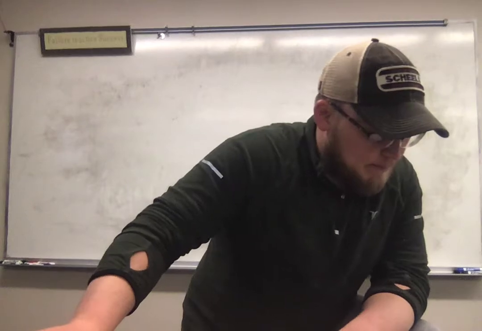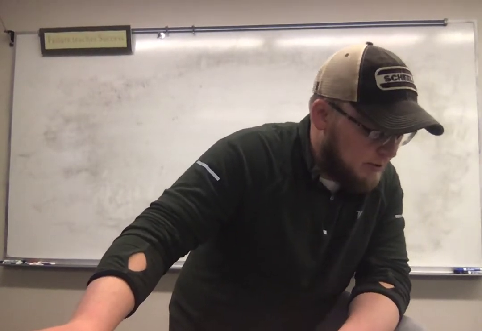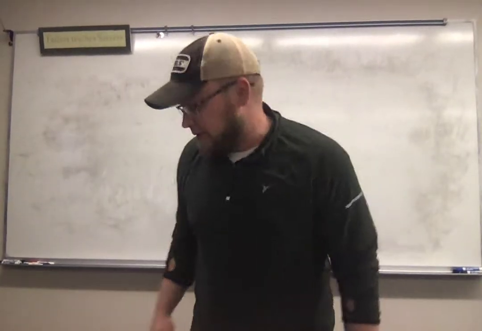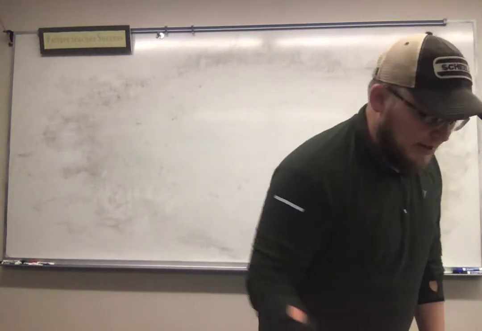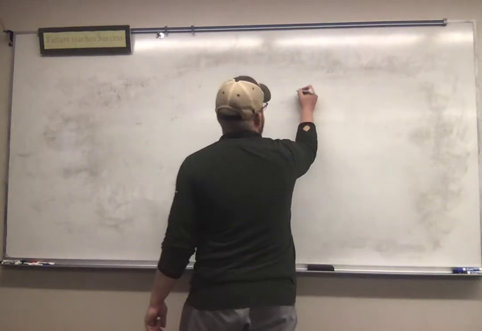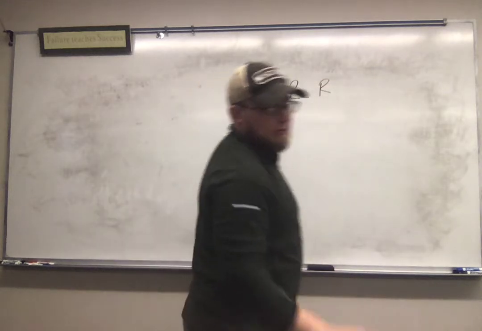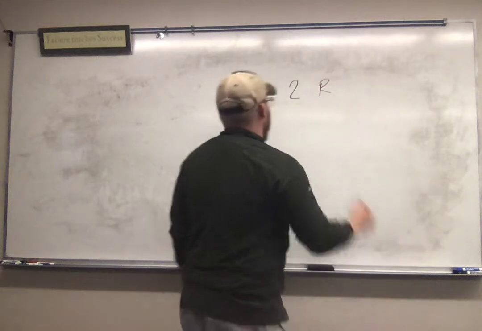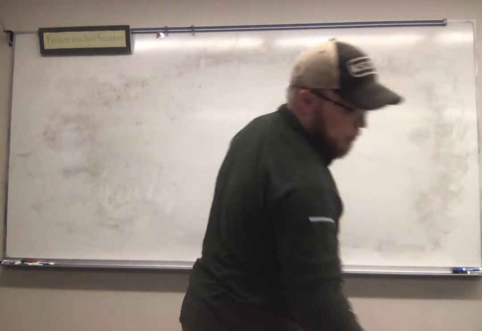It says 2 red marbles, 3 white marbles, and 4 blue marbles are in a bag. So I like to draw those out just so we can see, and I can have totals and stuff like that. So it says 2 reds, so I'm going to write 2 reds. I think it's 3 white marbles, and then there are 4 blue marbles.